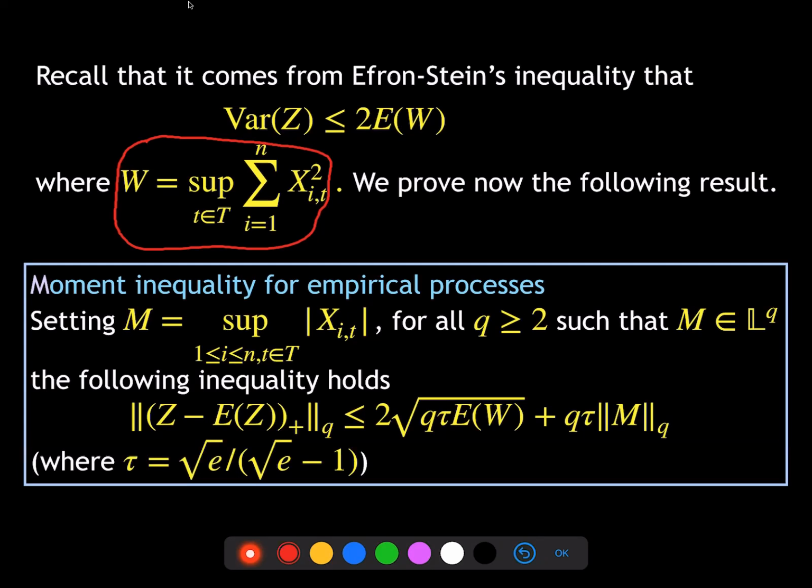So this inequality really interpolates between the Lagrange inequality in the exponential case and Efron-Stein's inequality. This is the message. So the proof is very simple.